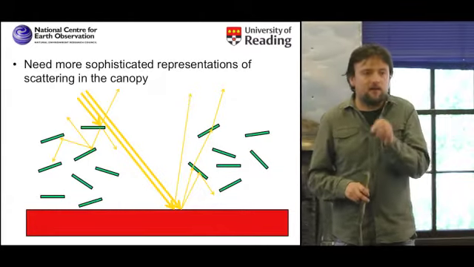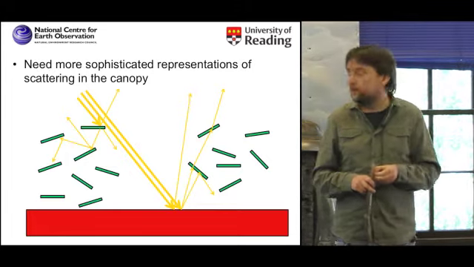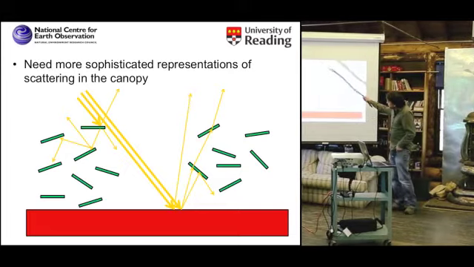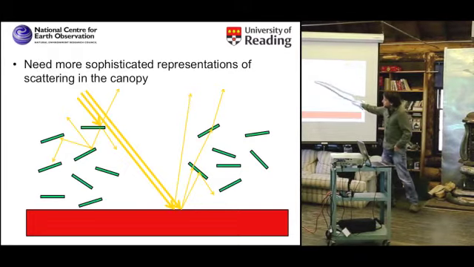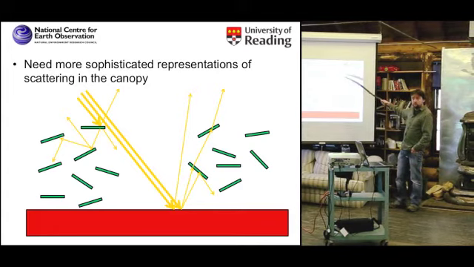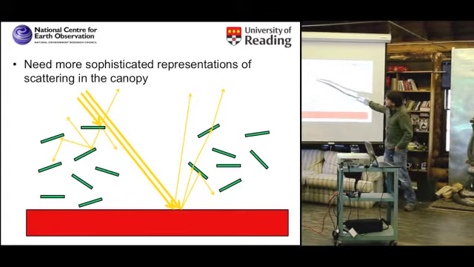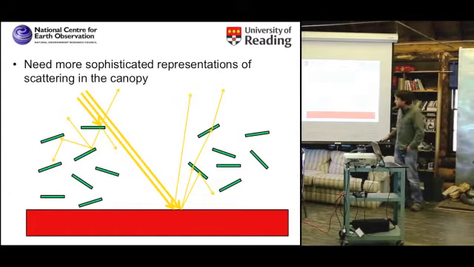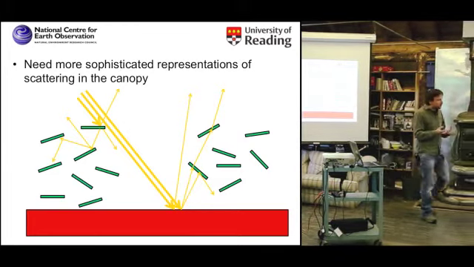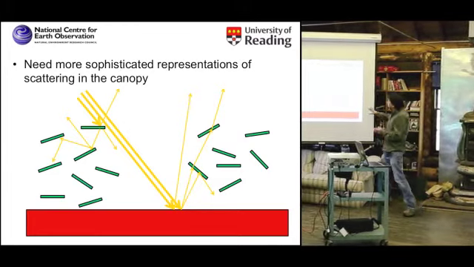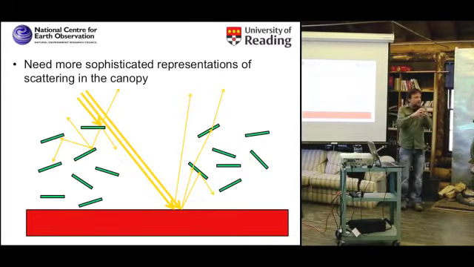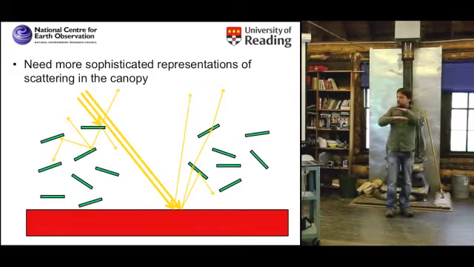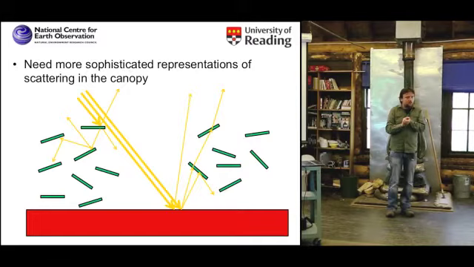There's a whole bunch of things we have to do to make that happen. The most obvious ones are the ones I've been talking about. We would probably want some element of radiation that's scattered by the soil, going back up to the satellite, and obviously some stuff hitting green leaves and being bounced back up to the satellite. But what's often not so obvious is that we need vegetation that clusters together in discrete units, because in the real world, vegetation doesn't exist in some plane parallel homogeneous media.